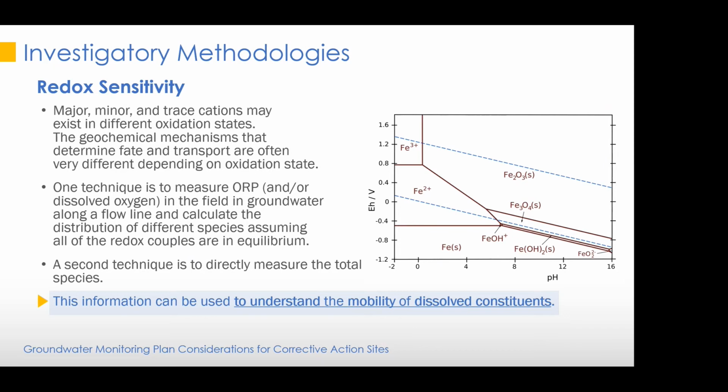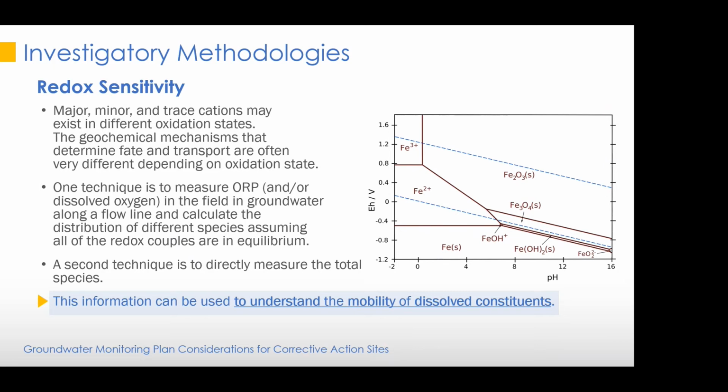And this is for iron. And iron can exist in groundwater in two different states, iron 2+ and iron 3+. And this is a predominance diagram that shows what the dominant aqueous species or solid species are as a function of pH and Eh.